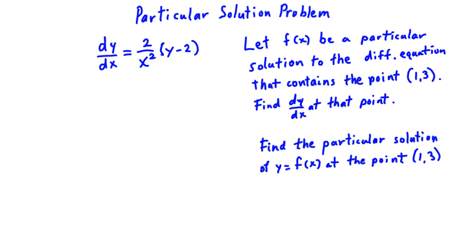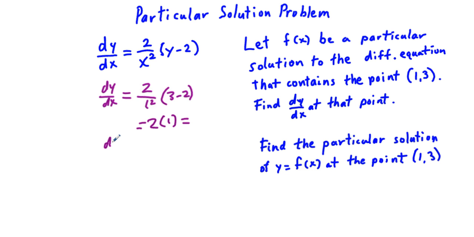So all we have to do for this one is plug in our values of x and y. So dy/dx is equal to 2 over 1 squared times quantity 3 minus 2. And so if we take 2 times 1, that equals 2.